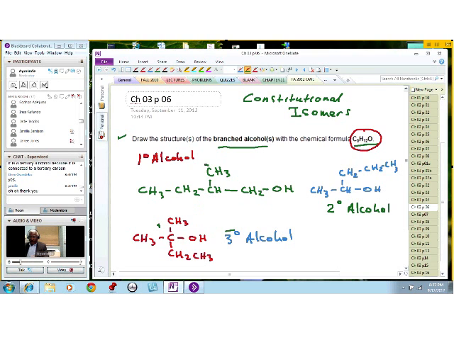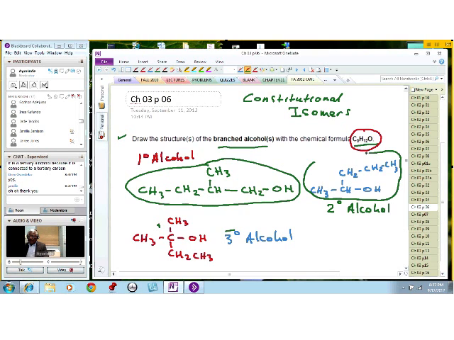The way the atoms in this molecule are attached is different from the way the atoms in this molecule are attached, even though they have the same molecular formula. Therefore, we say this compound and this compound are constitutional isomers.